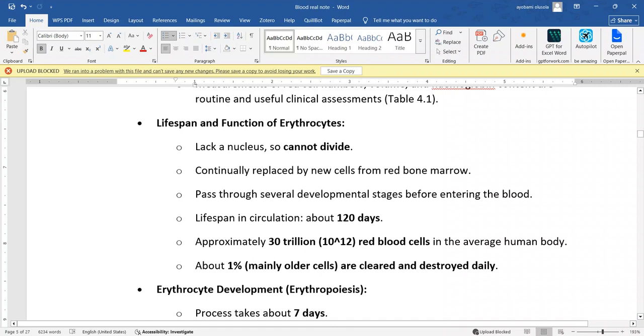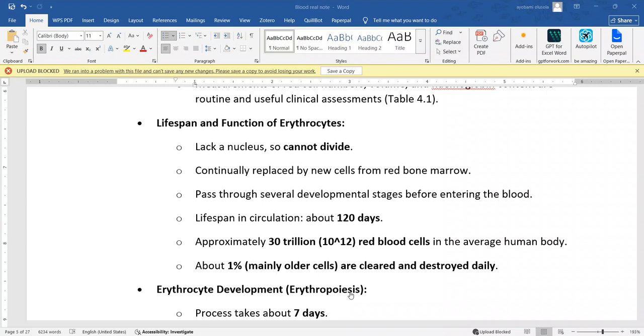Now the lifespan, once a red blood cell leaves the red bone marrow to the blood, it only has 120 days. Like we said, what are the most abundant blood cells? The erythrocytes.